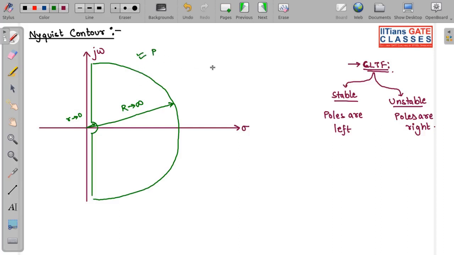For that, we need a contour such that we can enclose the entire right hand side of S-plane. So due to that, we have a contour that looks like this.